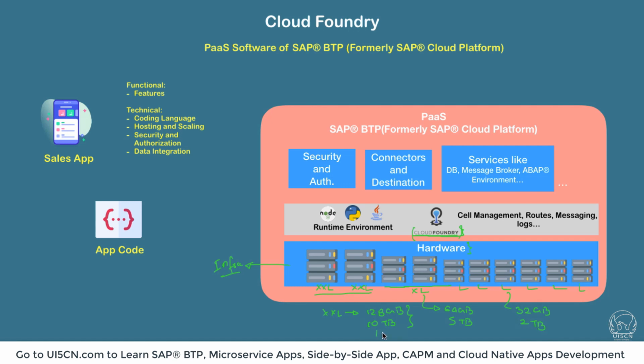This is a 16 core CPU, this is an 8 core CPU, and this is a 4 core CPU. So there are different types if you are going for AWS, Google Cloud Platform, DigitalOcean, or other vendors which provide hardware infrastructure for rent.